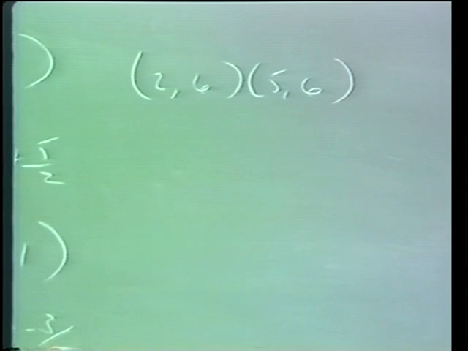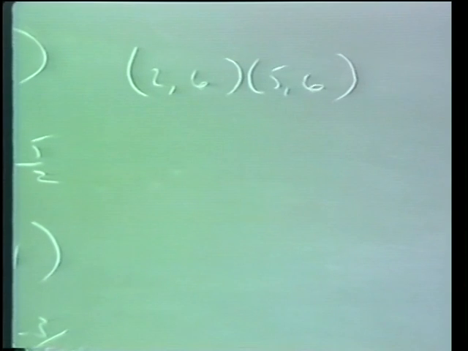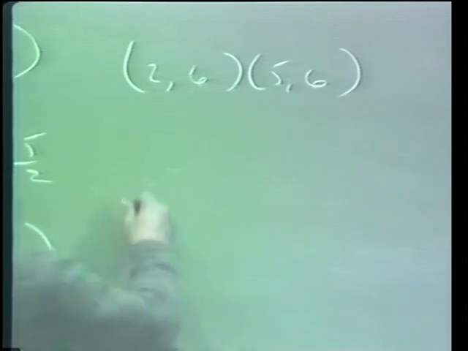Okay. What'd you get for the slope? 0. Very good. 0 is the slope of this line.